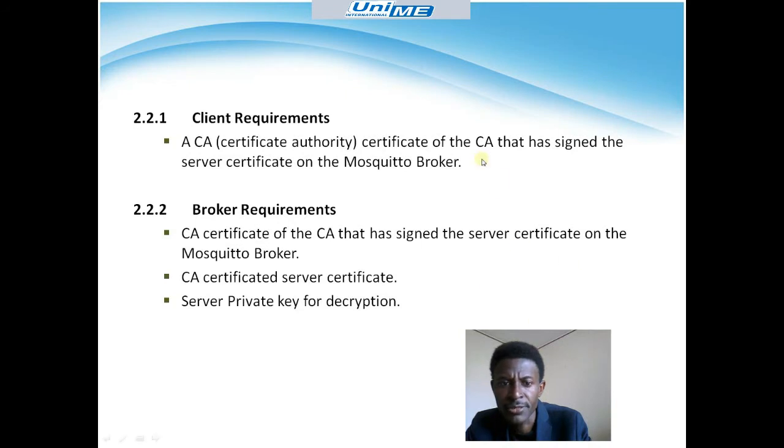We'll create that. And then the broker requirements: the CA certificate of the CA that has signed the server certificate on the Mosquitto broker, also the server certificate, and the third one is the server private key for decryption.